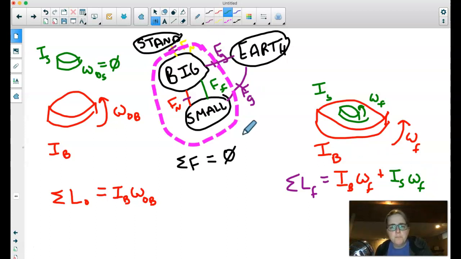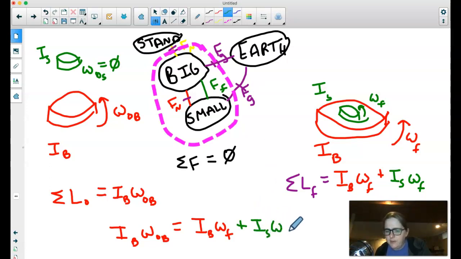And then, because there's no unbalanced interactions, I can set all of these equal to each other. So the total momentum that I start with has to equal the total momentum that I end with. Just like we had earlier this year when there's no unbalanced forces, total linear momentum you start with is the total linear momentum you end with.